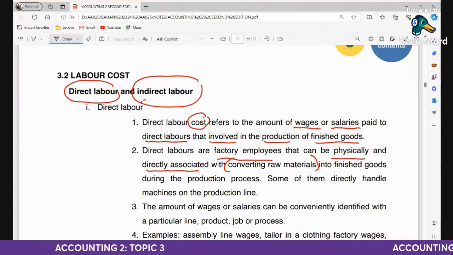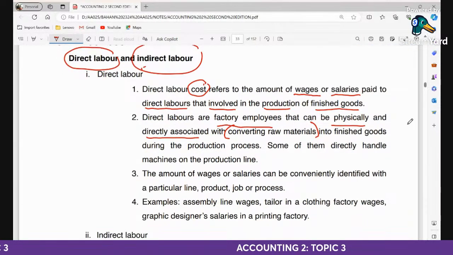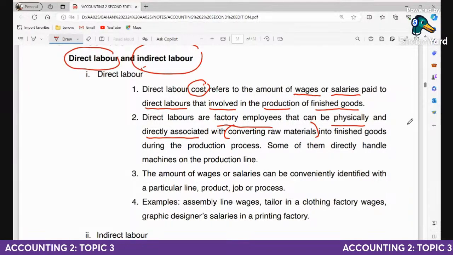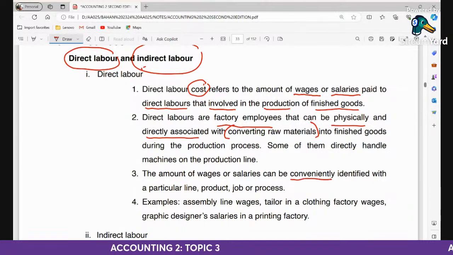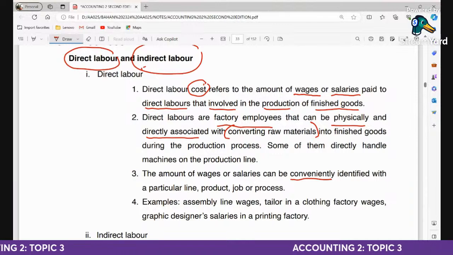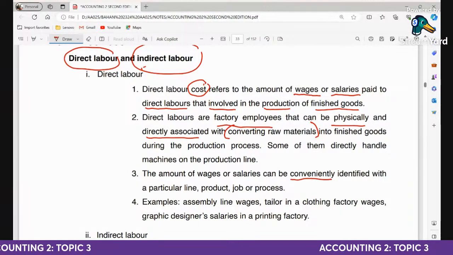So untuk mengenal pasti apa dia secara detail, direct labor cost, as you can see in number 3, the amount of wages and salary can be conveniently identified. Maksudnya kita boleh kira. Let's say is wages, it is based on your working hours. So kita boleh ambil kira berapa rate dia untuk 1 jam, and kita akan darabkan dengan berapa jam dia bekerja.